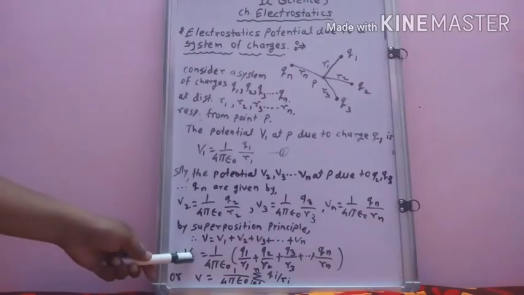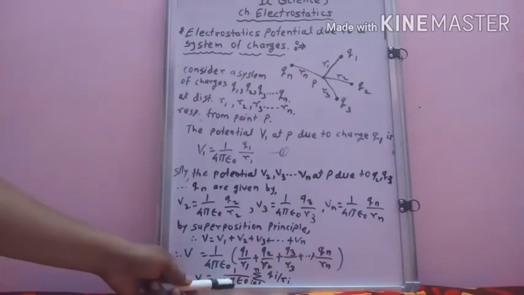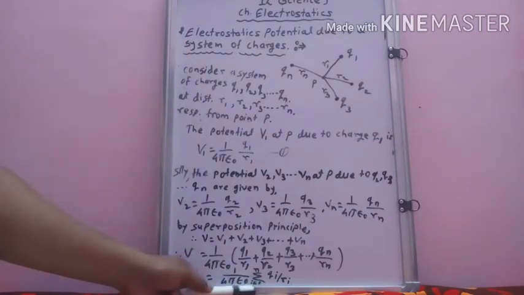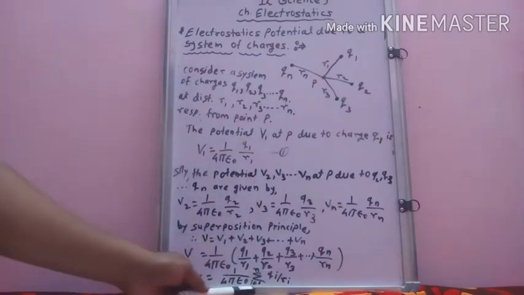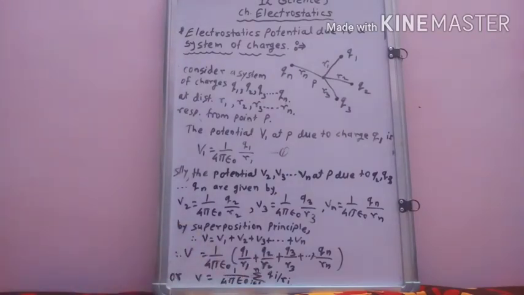This equation we can again write as V is equal to 1 upon 4 pi epsilon naught, the common term, times the algebraic sum over i from 1 to n of Qi upon Ri. This is the total electrostatic potential due to a system of charges.